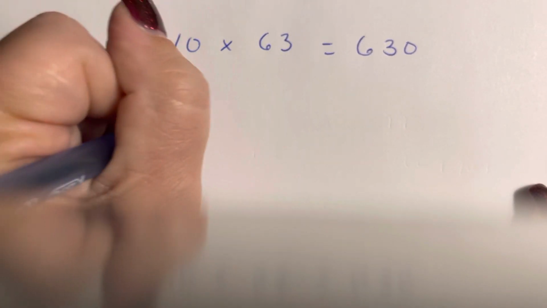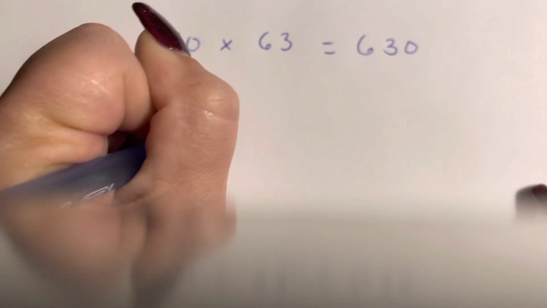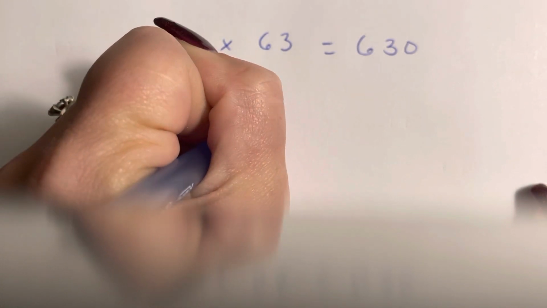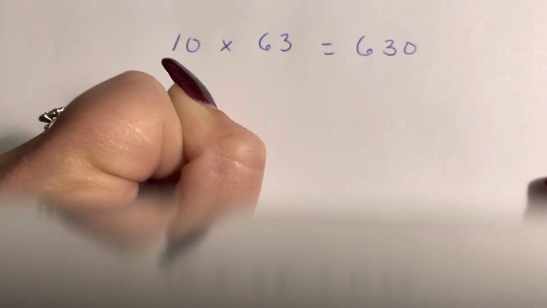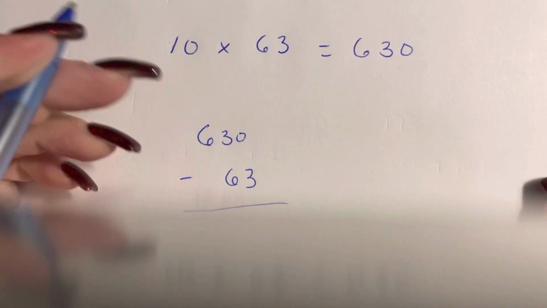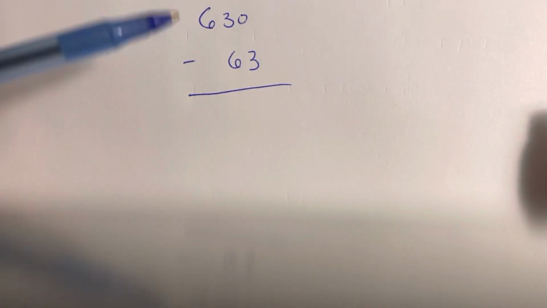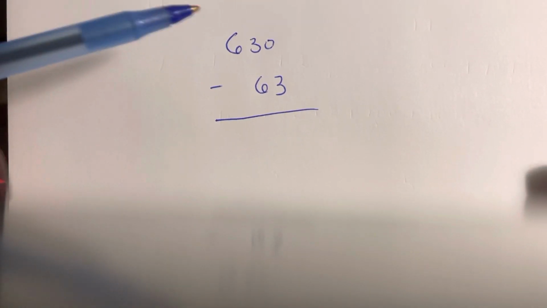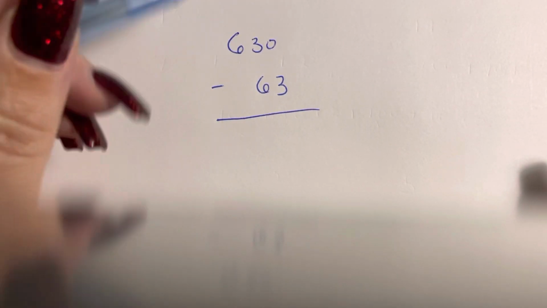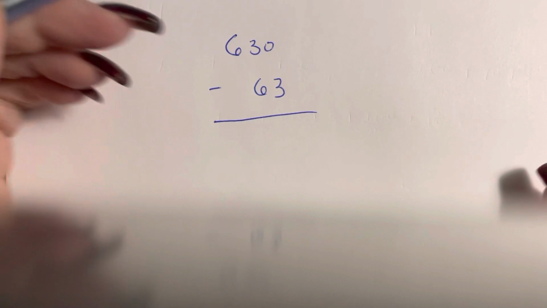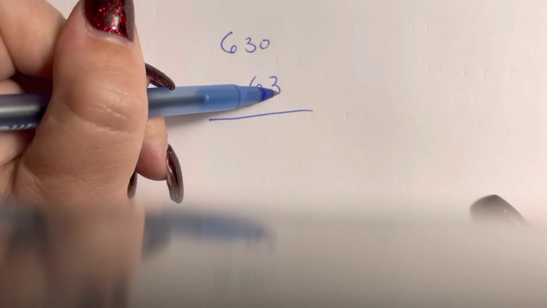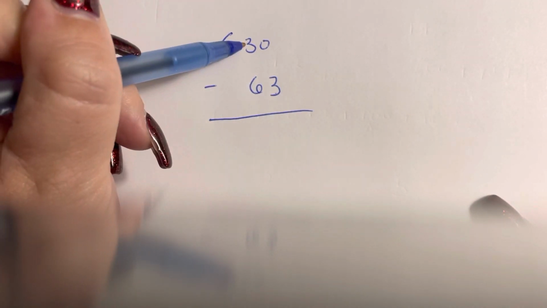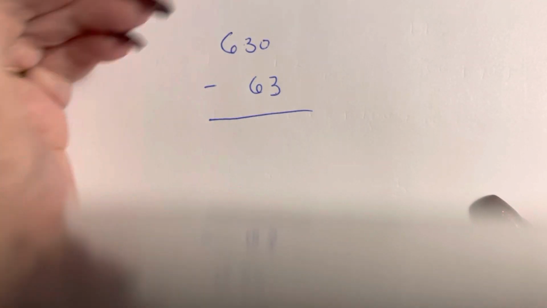So then the problem becomes 630 minus 63. And a poster that I actually have for one of my sons tells you the rules of, if you have more on the floor, you have to go next door and get 10 more.